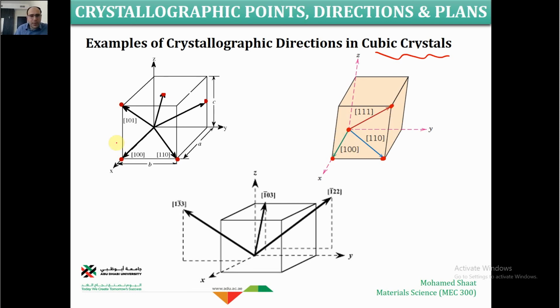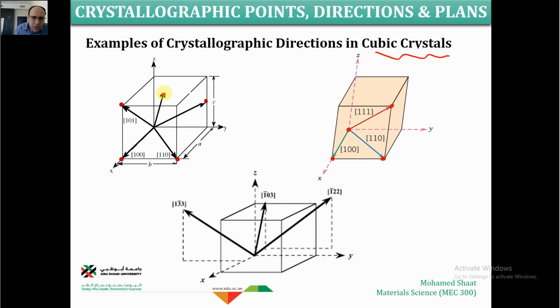Very simple, right? How about this direction? The other directions are the same. This is still 1, 1, 0. This is still 1, 0, 0. This is 1, 0, 1. For this vector, for example, you're going to move parallel to X, 1, 0 for Y, then you're going to move parallel to Z, 1C. So this gives us 1, 0, 1.